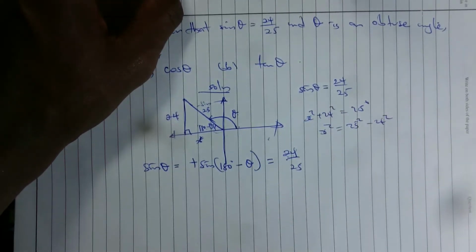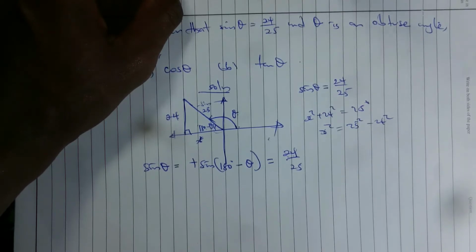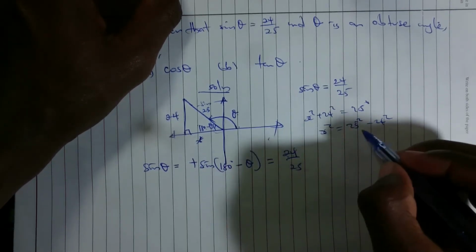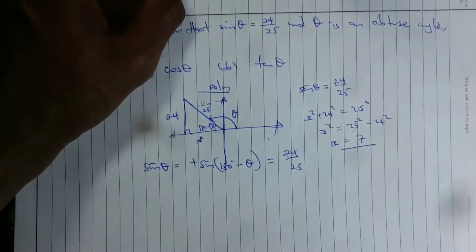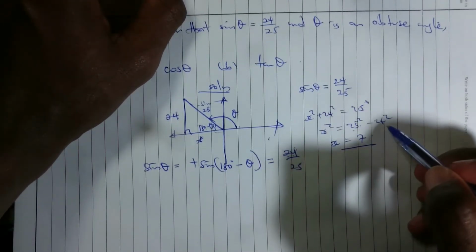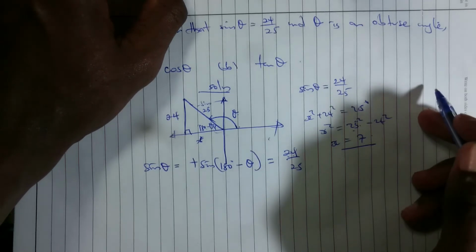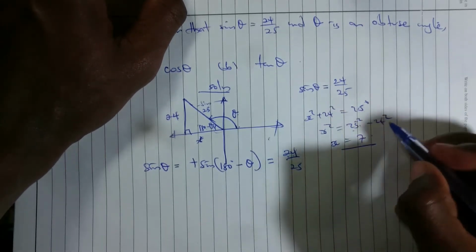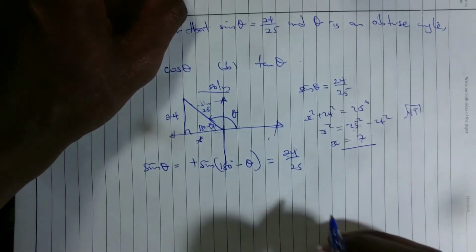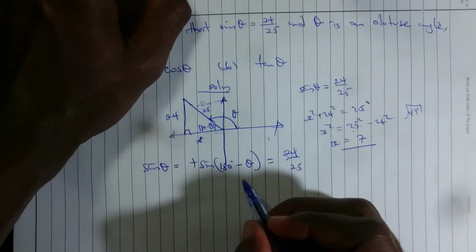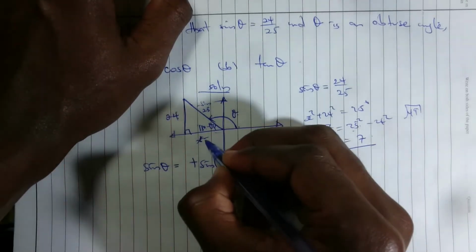That is 625 minus 576, which gives 49, and the root is 7. So the adjacent is 7.